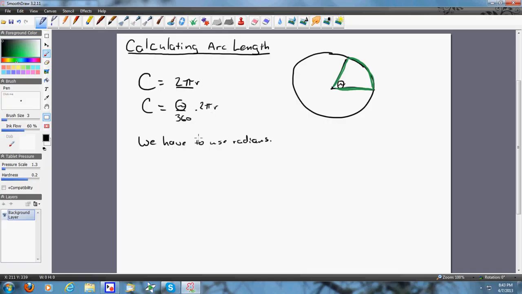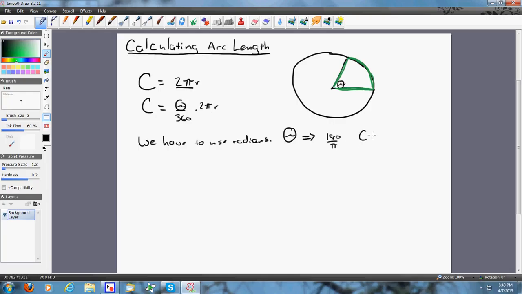And so what ends up happening is, our theta, whatever it's going to be, we'll have to convert into 180 over pi. And you don't actually have to know this, but I do kind of want to explain what happens here.